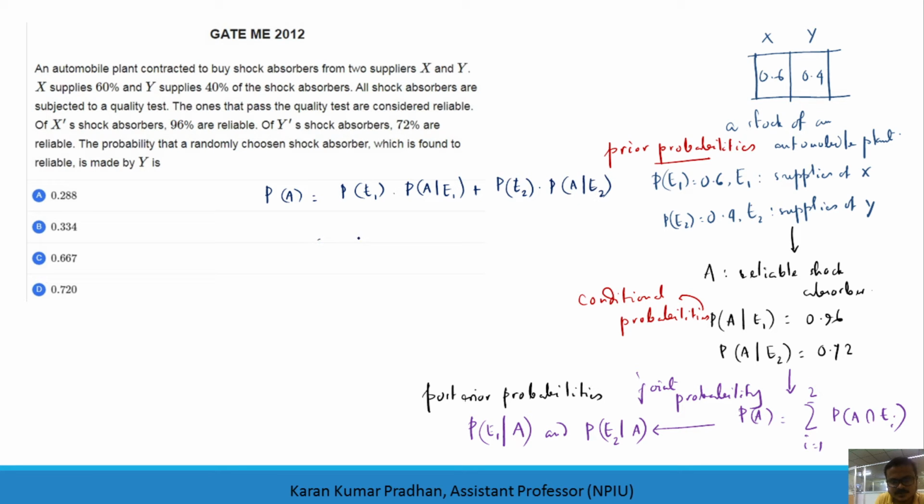So this will be 0.6 times 0.96 plus 0.4 times 0.72. Can you find the solution? I think it's a simple product. We have 0.6 into 0.96 plus 0.4 into 0.72, so you will get 0.864 as the joint probability.